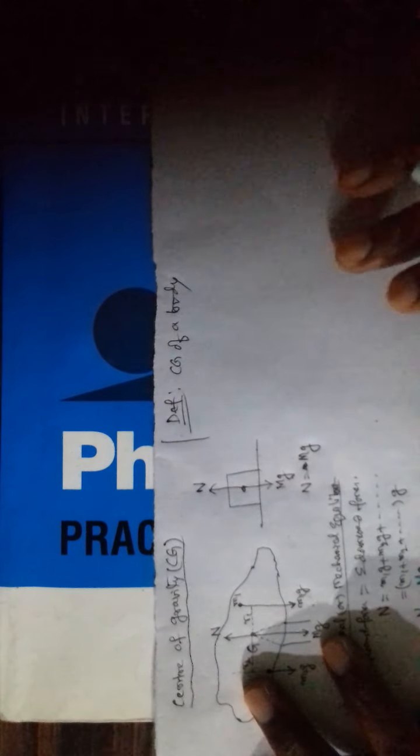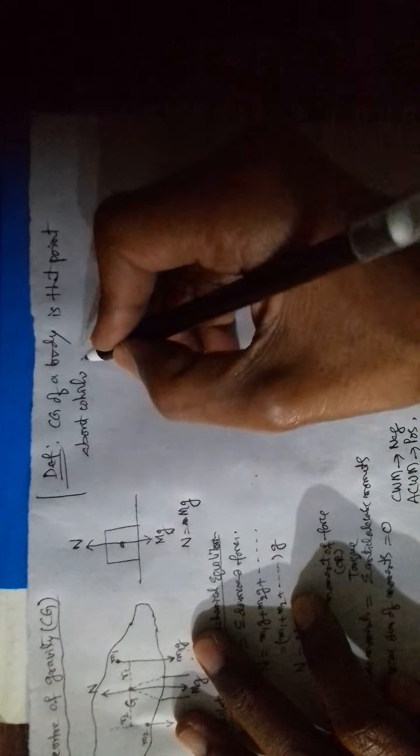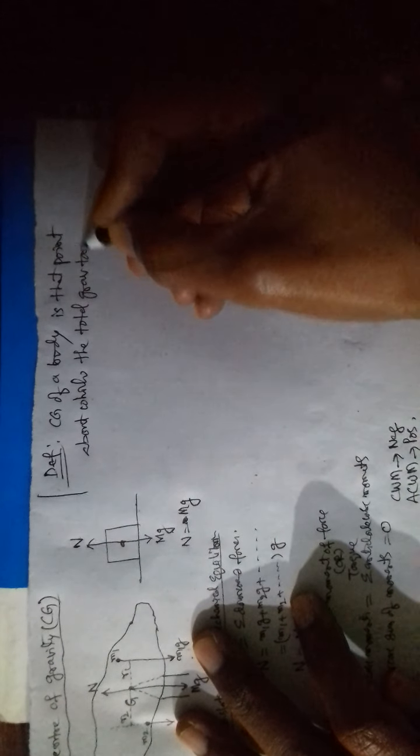We define the center of gravity, CG of a body, as that point about which the total gravitational torque is equal to 0.